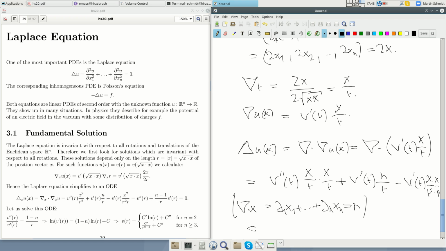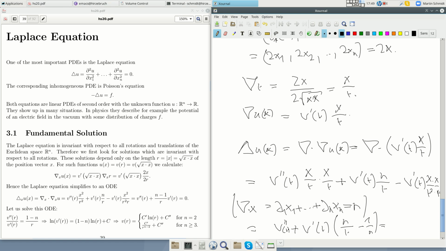Okay, so now collect all terms. x squared is of course the same as r squared. So we get v double prime, and x squared is the same as r squared, so this cancels. Then we get plus v prime of r, and then we have n over r, and this here is minus x squared over r squared, which is 1 over r.